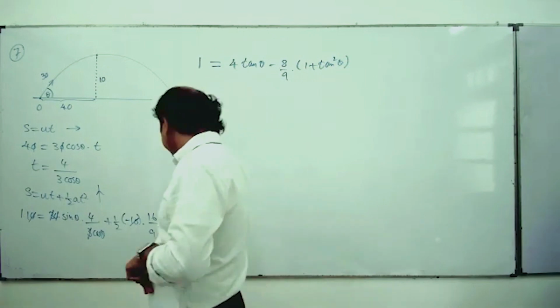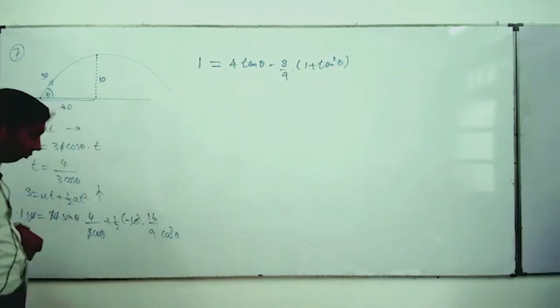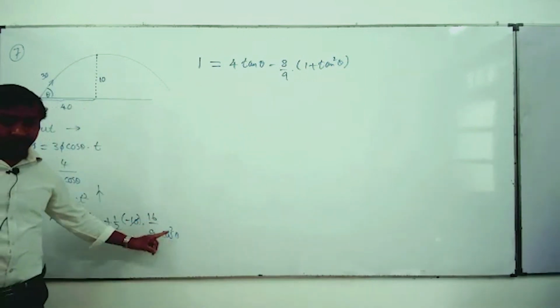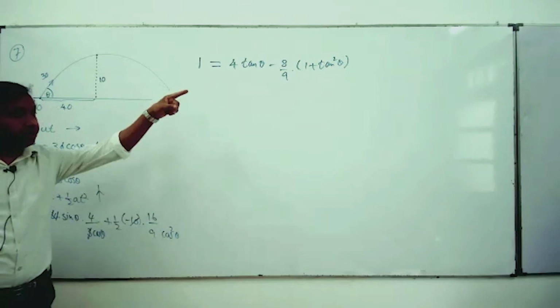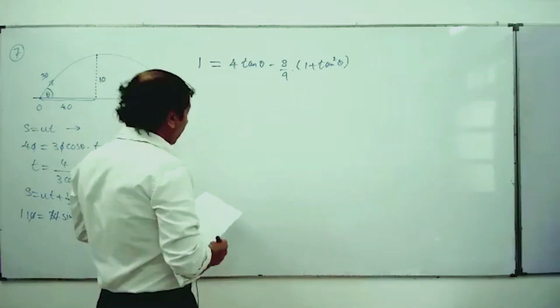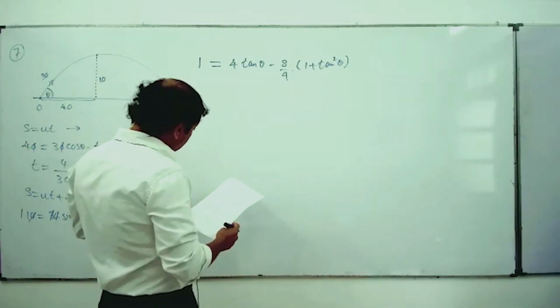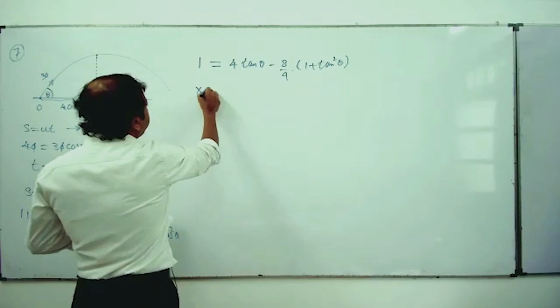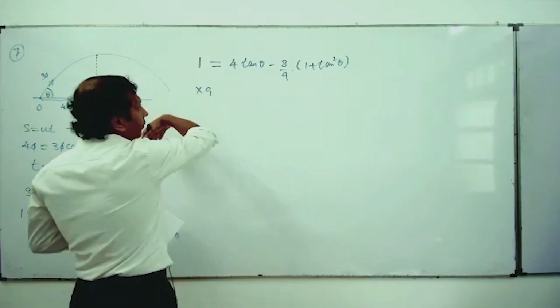Correct, no? 1 over cos square theta is sec square theta. Sec square theta is 1 plus tan square theta. Now, while multiplying by 9, bring all the terms to the left hand side.